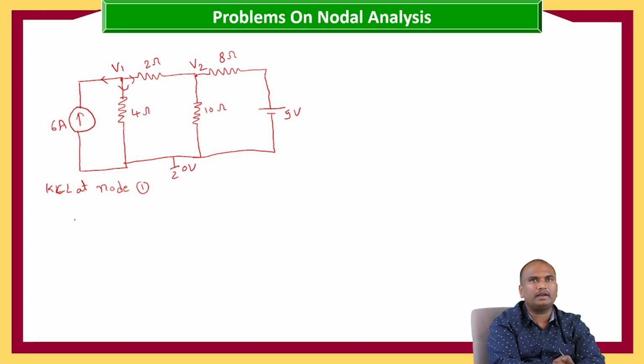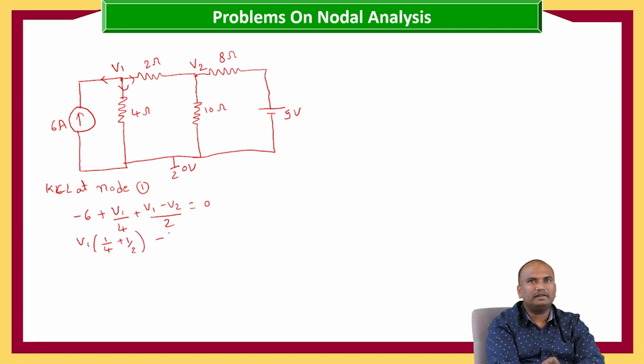So we have to take it as minus 6 plus V1 by 4 plus (V1 minus V2) by 2 is equals to 0. Here if you take V1 common, (1 by 4 plus 1 by 2) minus V2 by 2 is equals to 6.